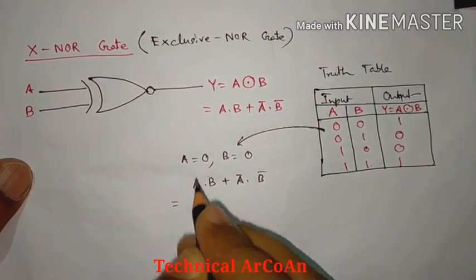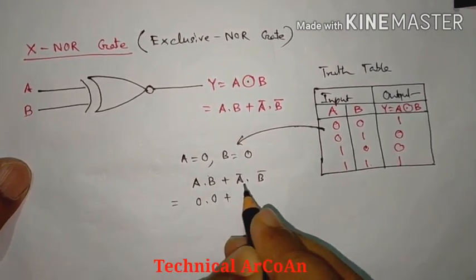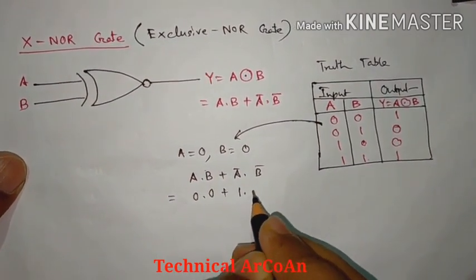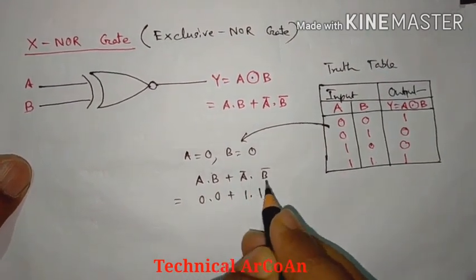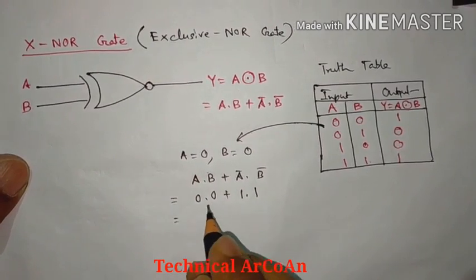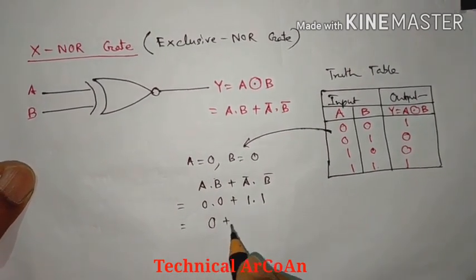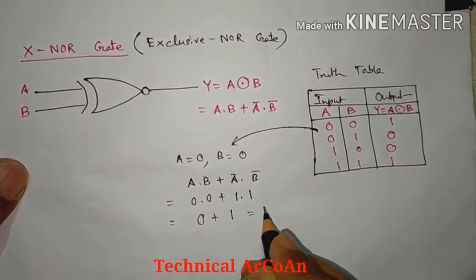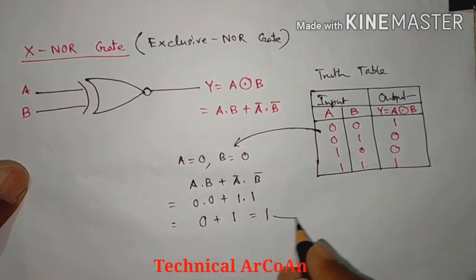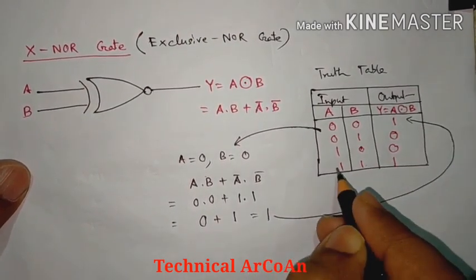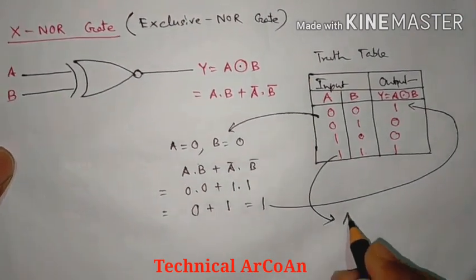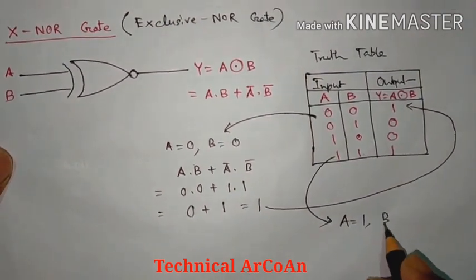Now just put the values. A is 0, B is 0. Now A complement means 1, B complement means 1. So here 0 dot 0 is 0, 1 dot 1 is 1. So what will be the output? 1. That's why 1 is given. Now we take another example: A equal to 1 and B equal to 1.